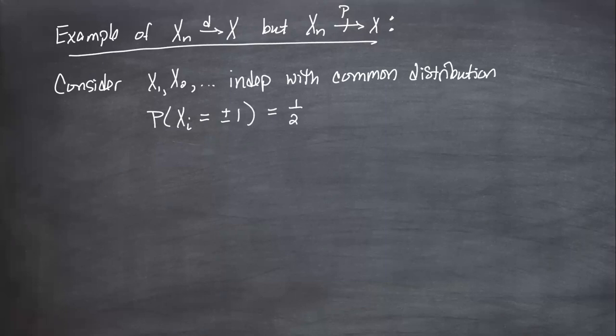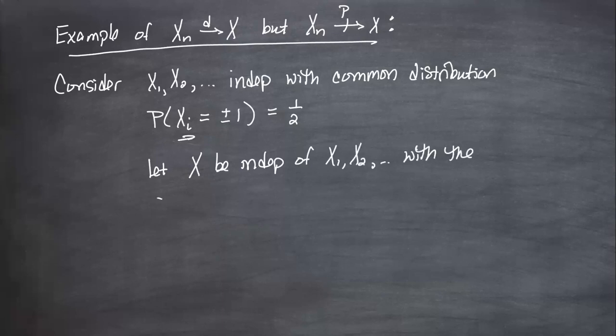And this distribution does not change as i changes. So they are all IID. I'm going to let a random variable X be independent of all of those Xi's with the same distribution. So the probability that X is equal to plus or minus 1 is also going to be 1/2.